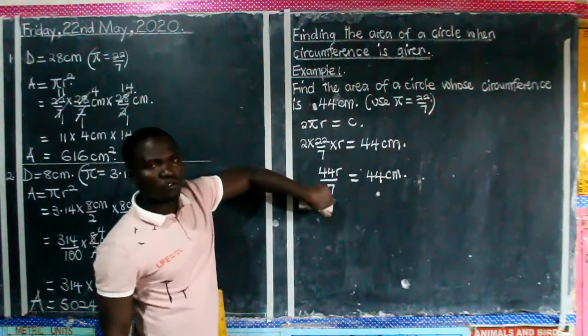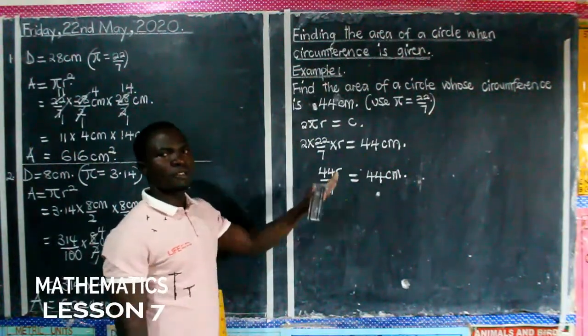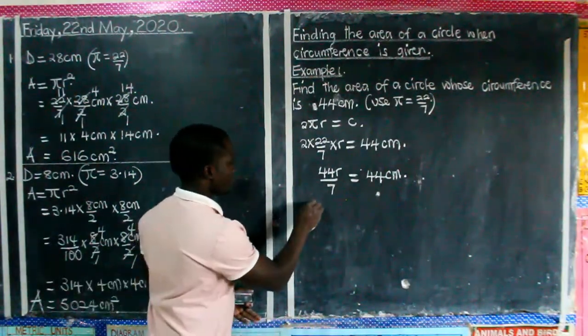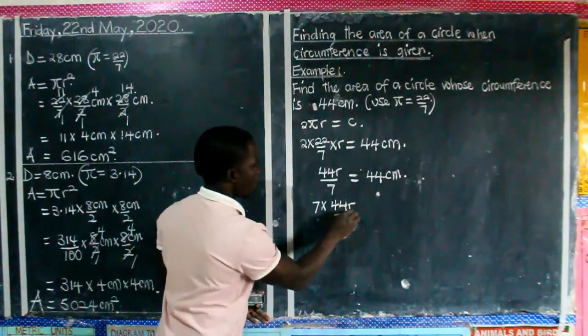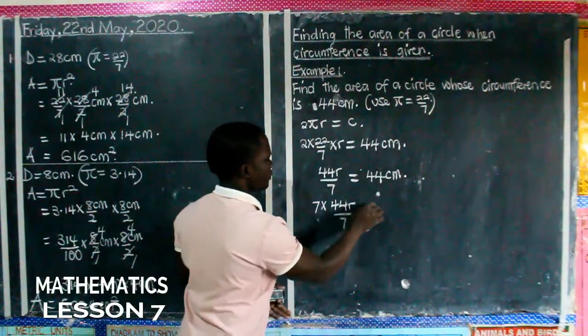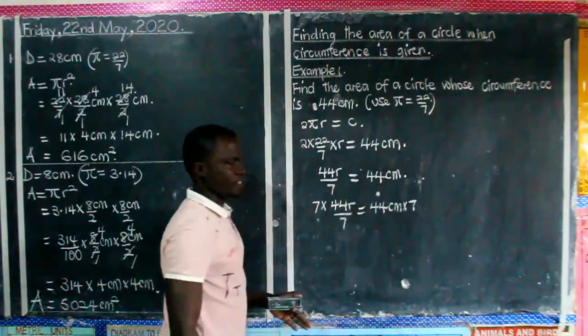Now, we are going to remove 7 from down by multiplying it on either side in the next step. So this is 7 times 44r out of 7 equals 44 centimeters times 7.